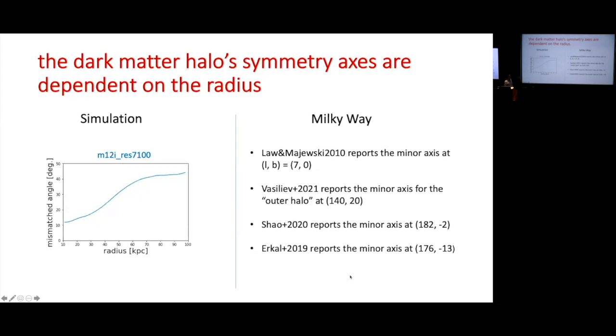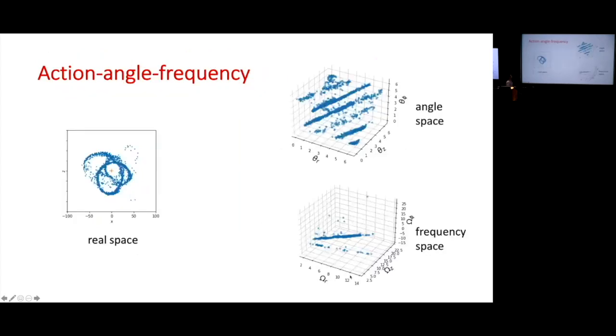So the question that I'm trying to answer is whether there is any complementary or alternative way to use stellar streams to constrain the symmetry axis. For that, we will turn to action, angle, and frequency space, which Fanik introduced a little bit earlier.